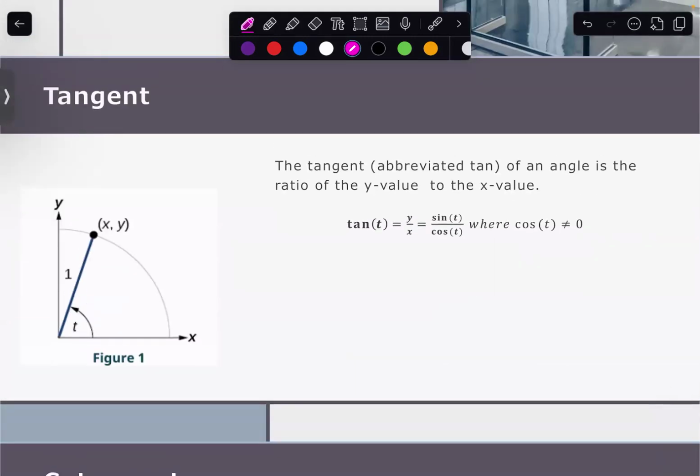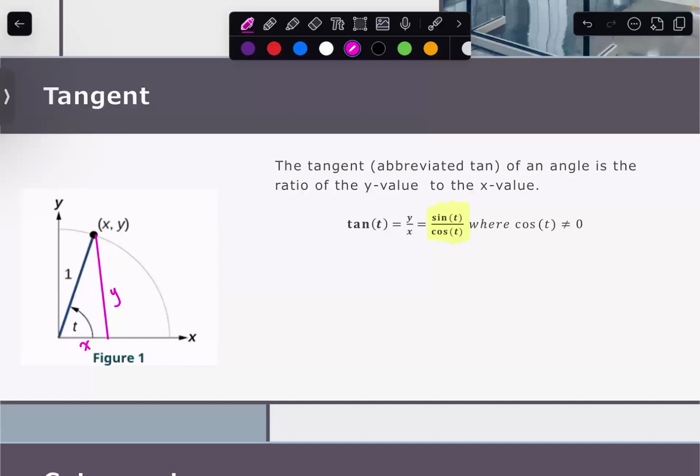So the first one we'll talk about is called tangent. And tangent is closely related to sine and cosine because we can find tangent by just dividing sine over cosine. Or if we're using our right triangle on the coordinate plane, we could assign x and y here. And so tangent would be y over x.